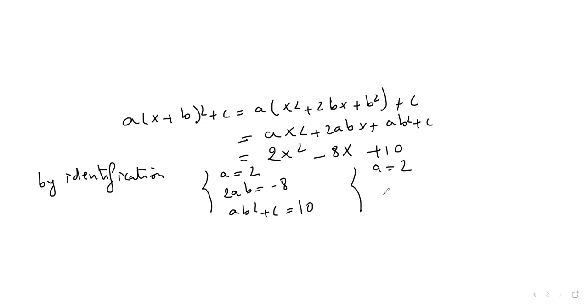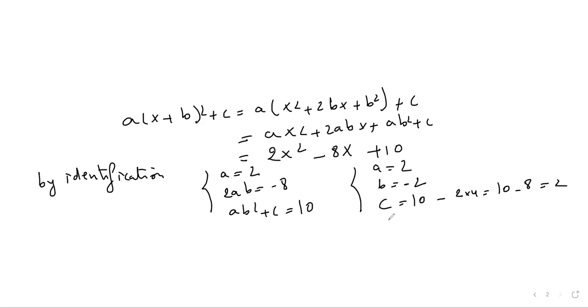So a is equal to 2, b is equal to negative 8 divided by 4 is equal to negative 2. And c is equal to 10 minus a times b squared. b squared is equal to negative 2 squared, which is 4, times 2. So c is equal to 10 minus 8, which is equal to 2.